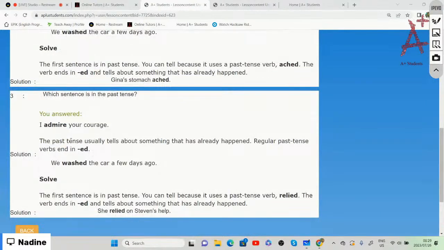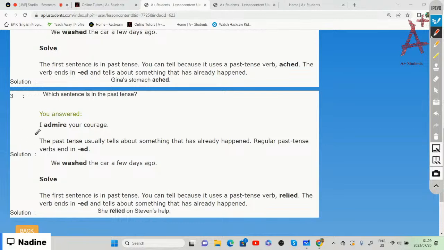I admire your courage. We need to say which sentence is in the past tense. All right, so we need to change this word admire, which shows the present tense, and we need to show that within the past tense. Admire means now, it is something that you're doing now.